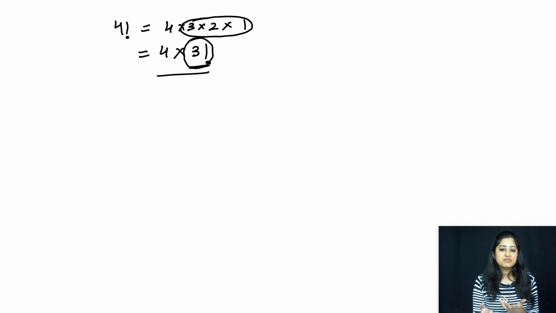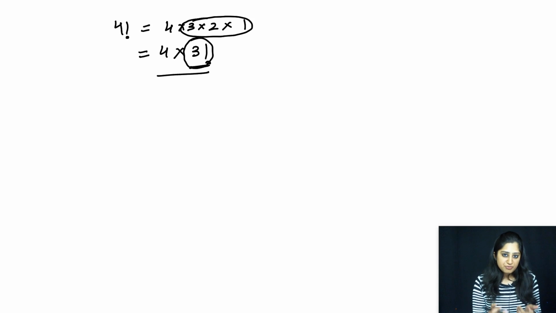Same nature means the approach that I will use to find 4 factorial, in a similar approach I will be able to figure out 3 factorial as well. So I am solving a problem of the same nature, but this time the problem is smaller. Calculating 3 factorial is obviously smaller than calculating 4 factorial.